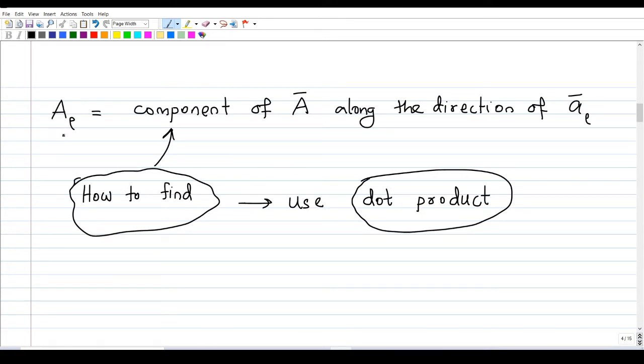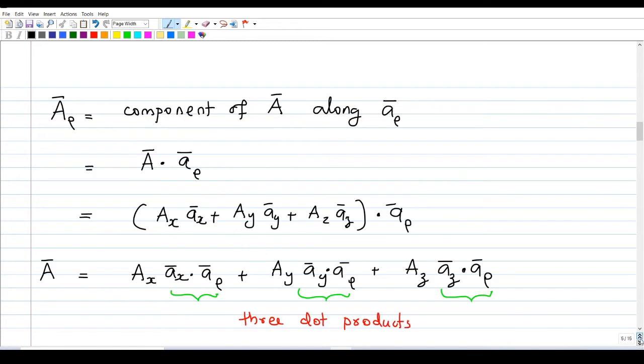So first one is capital A rho, that is the component of A along the direction of unit vector a rho. So we can use the idea of dot product to calculate the component of a particular vector along a given direction. So A rho is the component of A along small a rho.